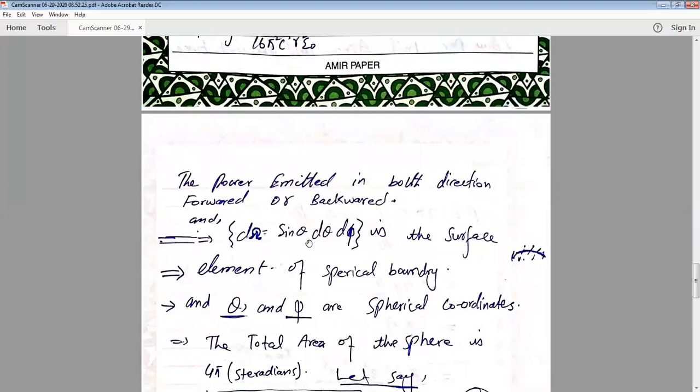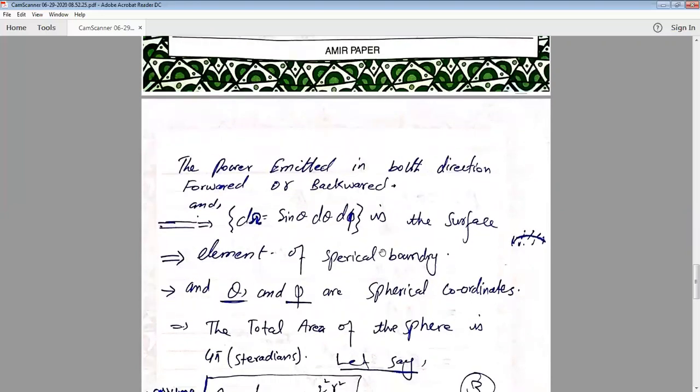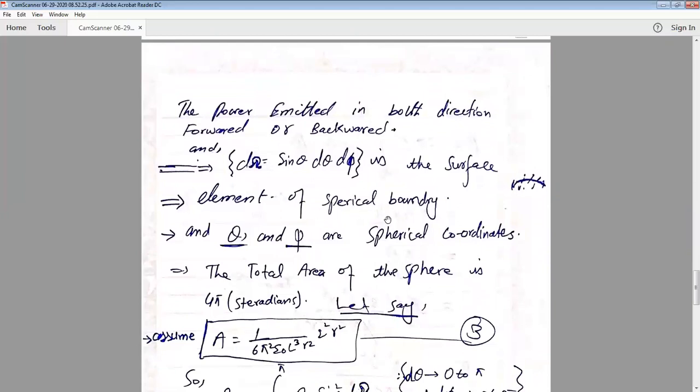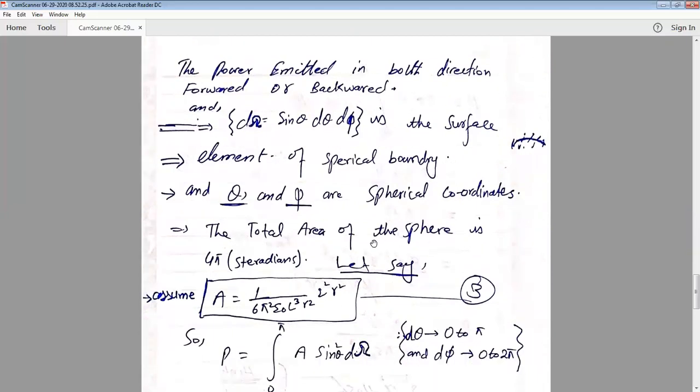This is equal to sine theta d theta d phi, which is the surface element of a spherical boundary, where theta and phi are the spherical coordinates. The total area of the sphere is 4 pi steradians, because we see that there are two spheres. Then the total surface area of the spheres is 4 pi steradians.